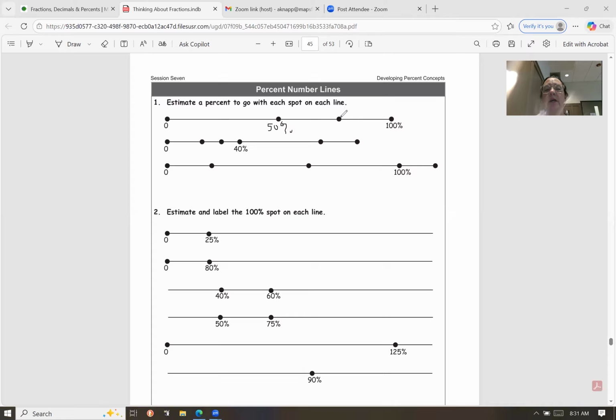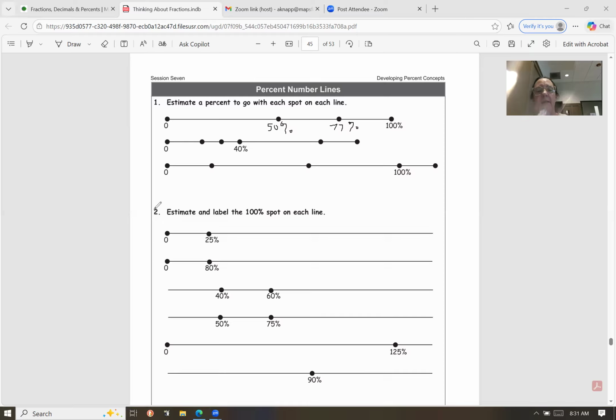And this one here, it looks like it is about halfway between 50 and 100, maybe a little more. So this would be 75. I'm guessing that this is around 77%, or you could call it 75. It's really pretty close. Okay, so that's how you do those. Always compare to your 100%.